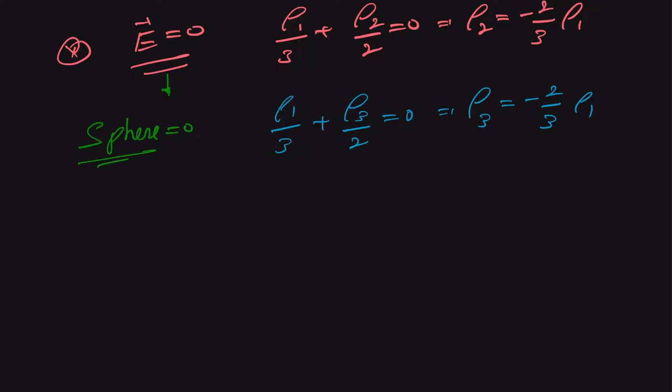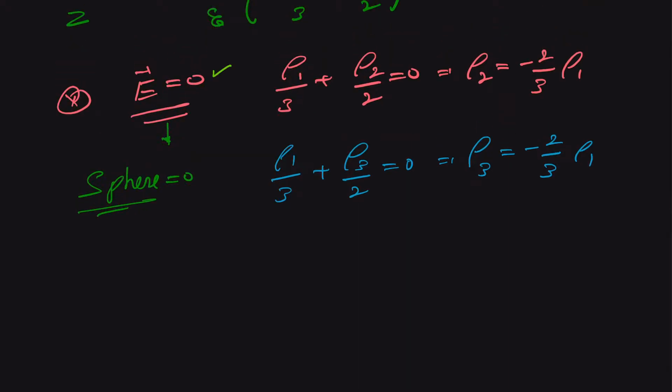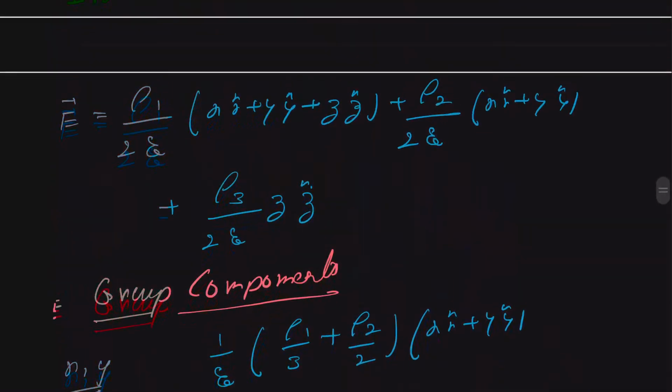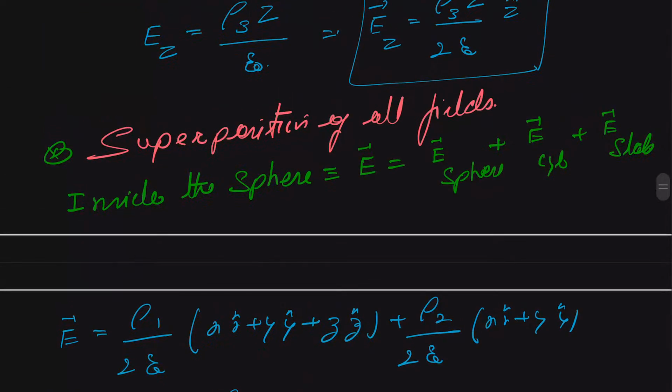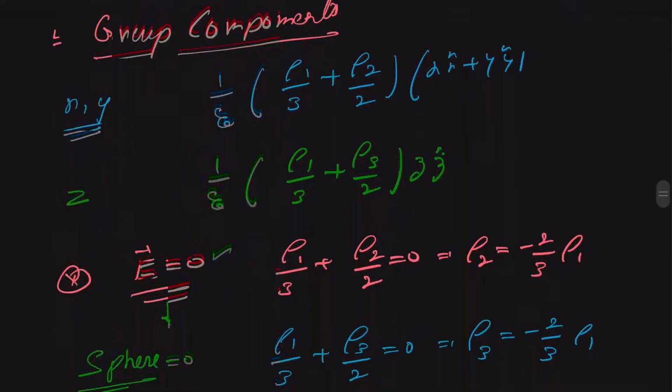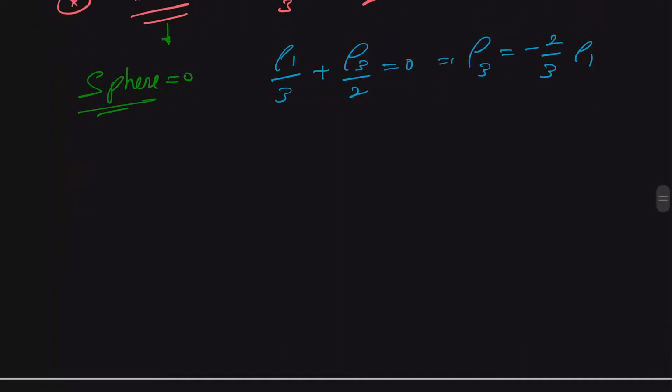And by this electric field we mean the total electric field, and that total electric field will be the effect of the electric field because of the sphere, electric field because of the cylinder, as well as electric field because of the slab. So this will be our total electric field, a superposition of all the individual electric fields.